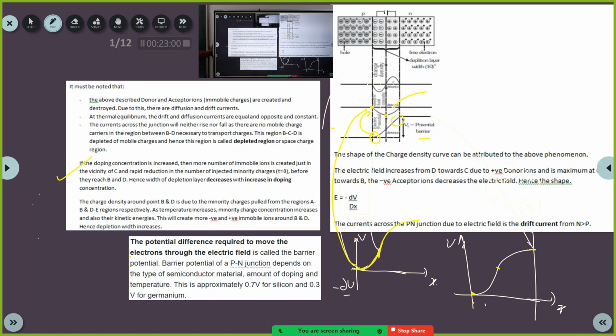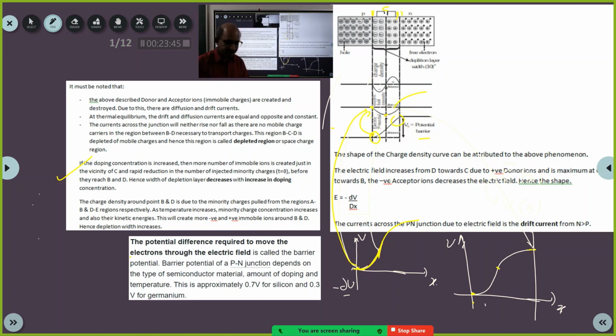If the doping concentration is increased, more number of immobile charges are created just in the vicinity of C, and there is rapid reduction of the number of injected minority charges at T equal to 0 before they reach B and D. This point is B, and this is B, C and D. Hence, the width of the depletion layer decreases with increase in doping concentration.